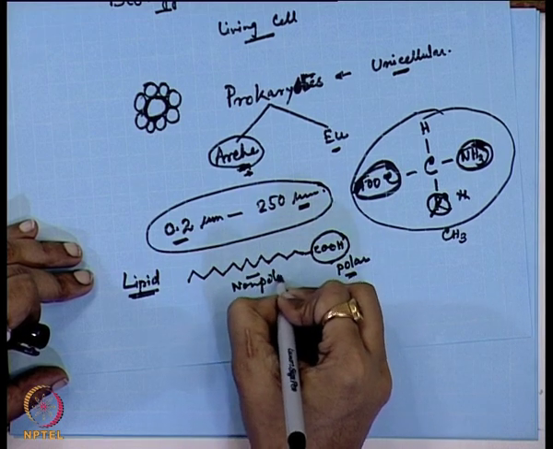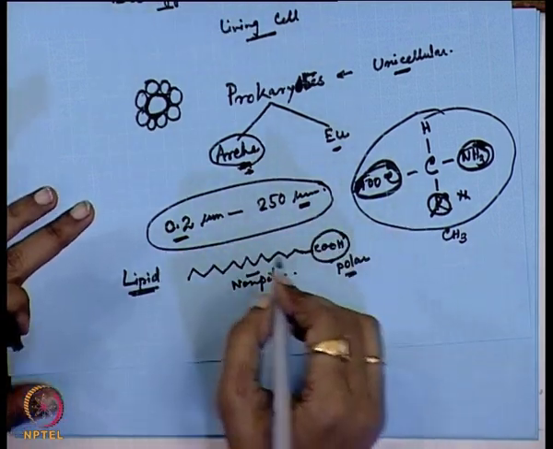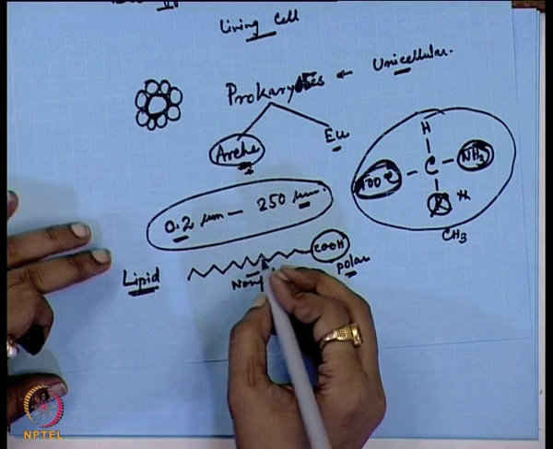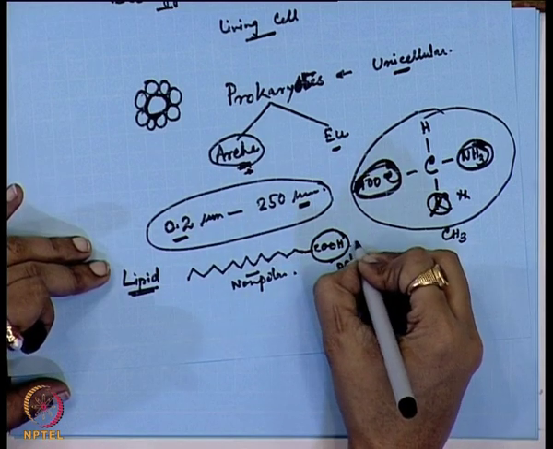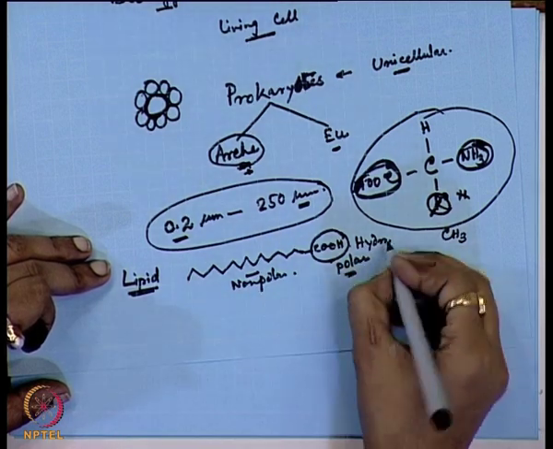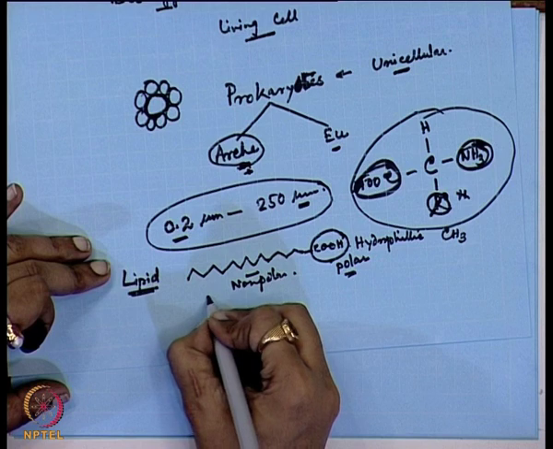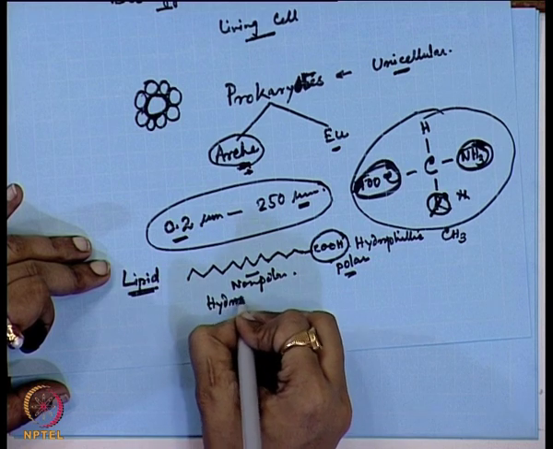So, if this is the structure of a simple lipid molecule, a fatty acid, then this is the hydrophilic end of the lipid molecule, and it has a hydrophobic tail.